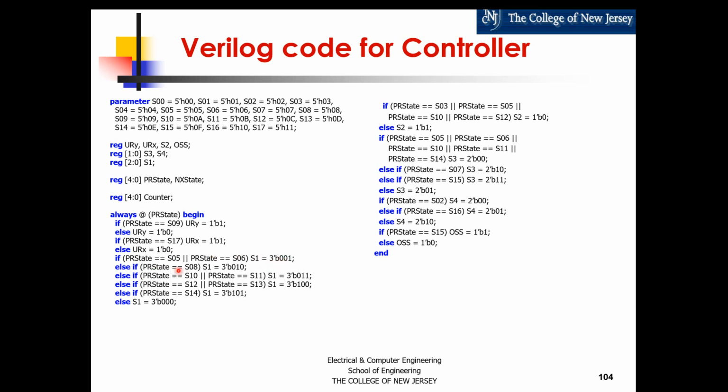And when the state is 8, the S1 signal needs to be 2, because I know what I need to pass, again, from my diagram and the state sequence that I specified. I can also tell when the state is 10 and 11, S1 needs to be 3. And when the state is 12 or 13, it needs to be 4. When the state is 14, that signal needs to be 5. Otherwise, it's going to be 0. It's not going to be asserted.